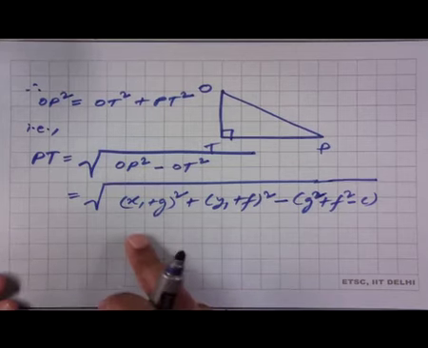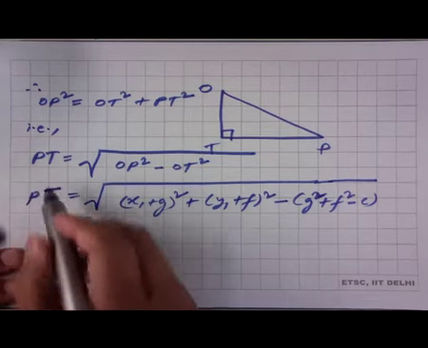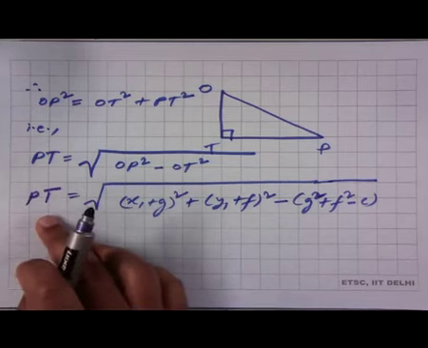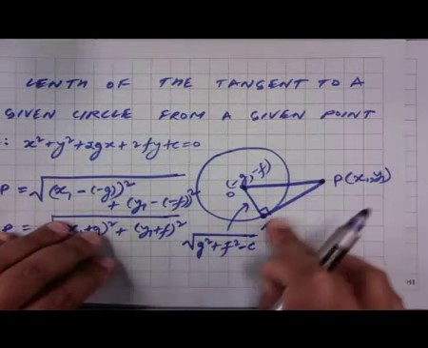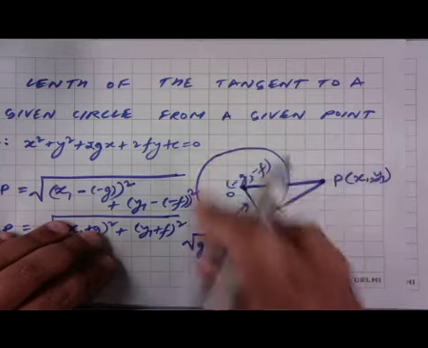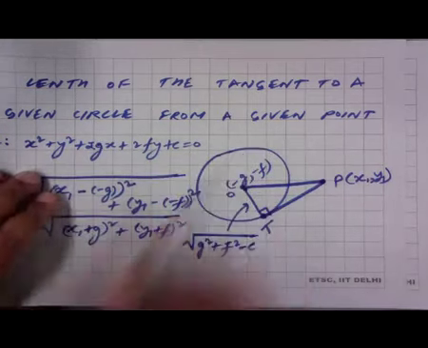So, at the end this is the expression of the length of the tangent PT from a given point P to this circle, whose equation is this.